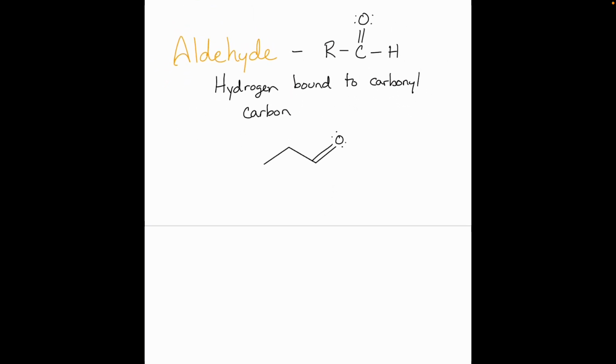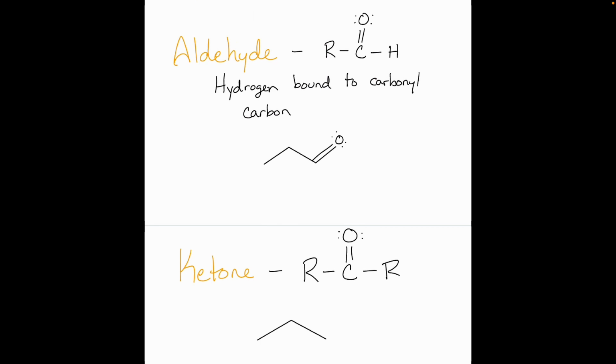All right, this is different from a ketone. Where you have that carbonyl bond in the middle of a molecule. All right, so an example of a ketone would be the chemical we use to clean our glassware all the time, acetone.